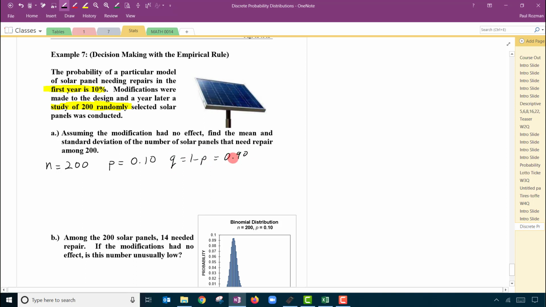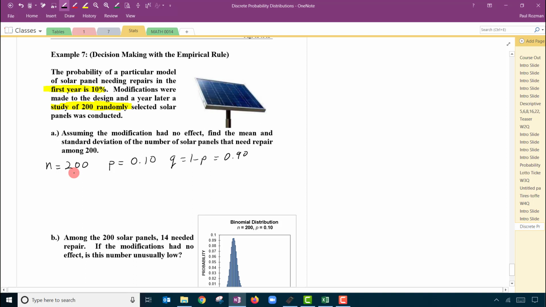Is this a binomial situation? I think so. They're either good or they're bad. We have a fixed probability. We'll assume they're independent of one another, and we have a fixed number of trials. We're doing the experiment a bunch of times now, 200.